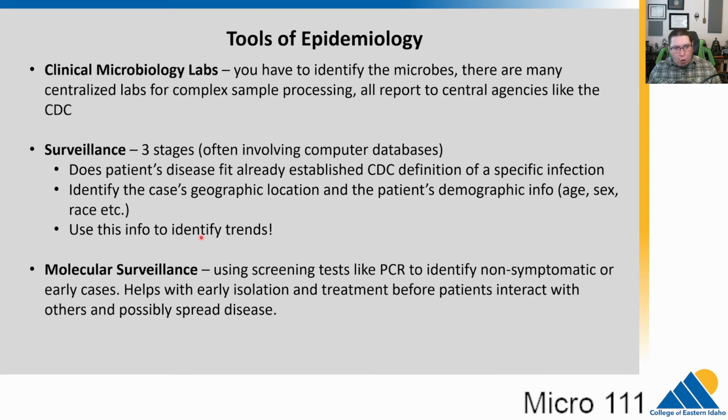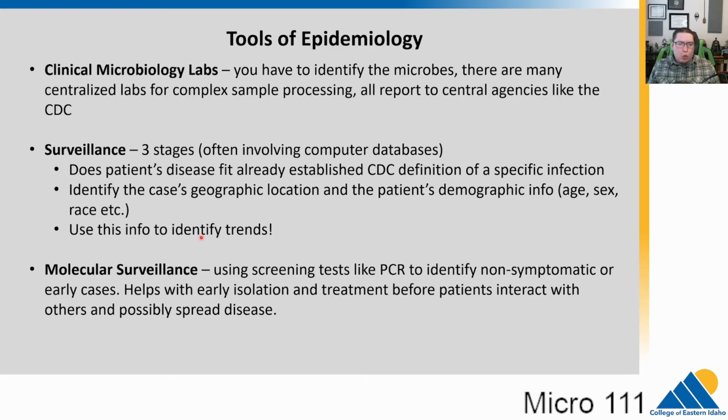But then we also report that data all back to a centralized organization, the CDC. So we have different CDC labs. If we have something that is very rare, we often send it there and they do the microbiological work and figure it out. But even if a small lab around here identifies something, we all report back to the CDC. And this is part of what we call surveillance.